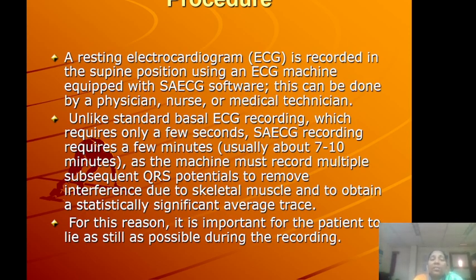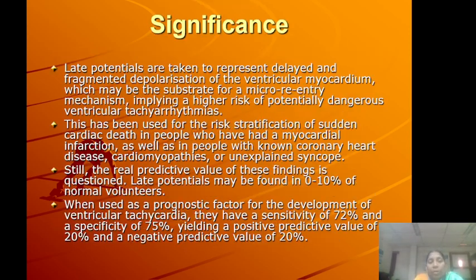Then the ECG signal will be recorded for a duration of 7 to 10 minutes, so that multiple ECG signals will be recorded. Once it is recorded, when we average it, we can remove any interference present in the signal. It is very important that the patient lies in a supine position for recording the signal average ECG.